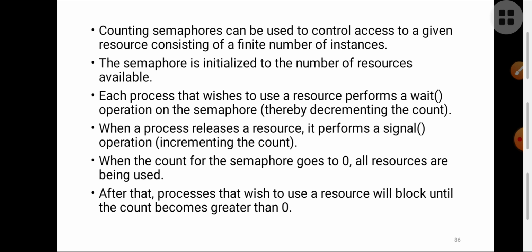It means they are going to wait for resources. Once the count value becomes greater than 0 because of the increment operation S plus plus, one or two resources will be available, and at that time these processes will get those resources.